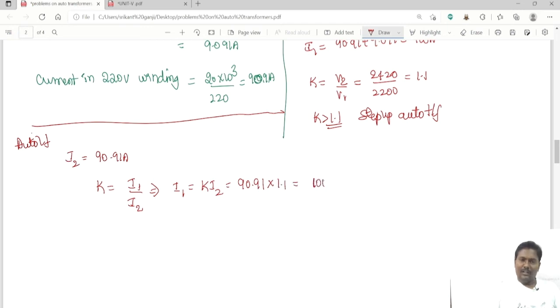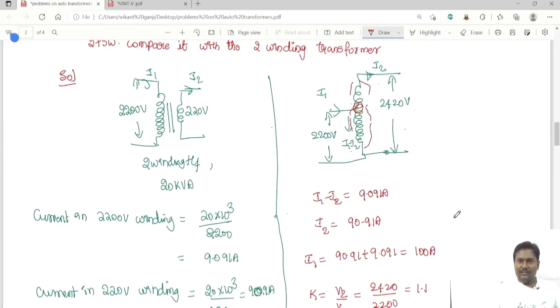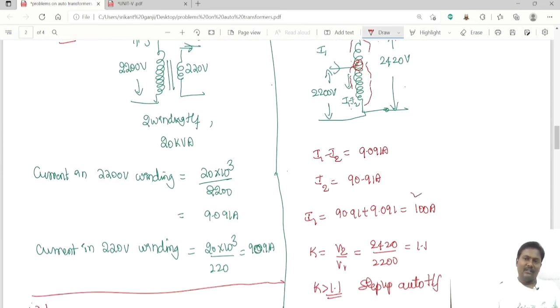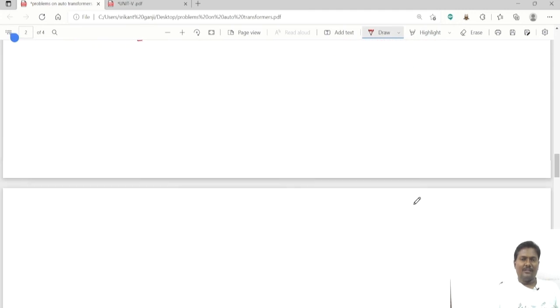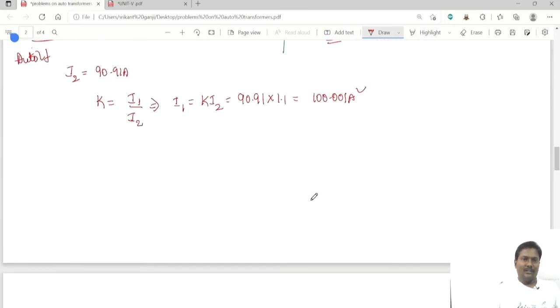That should be equal to 100.001 amperes. So check that, I got I1 as 100 amperes. If I1 is known and I2 is known, can I calculate I1 minus I2? Yes, surely. So the current through BC is equal to 100 minus 90.91, that should be equal to 9.091 amperes.